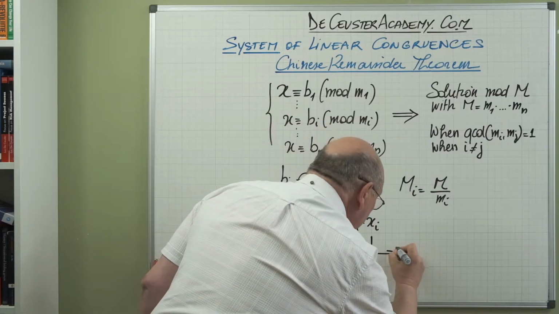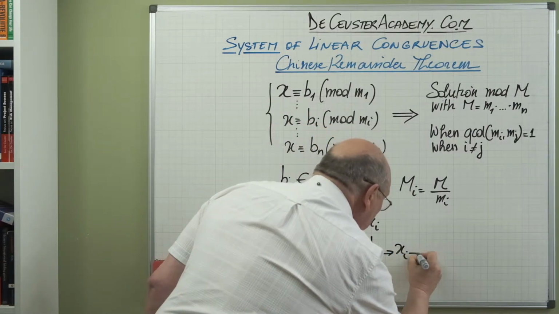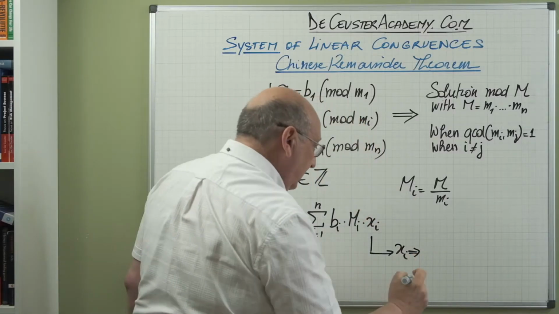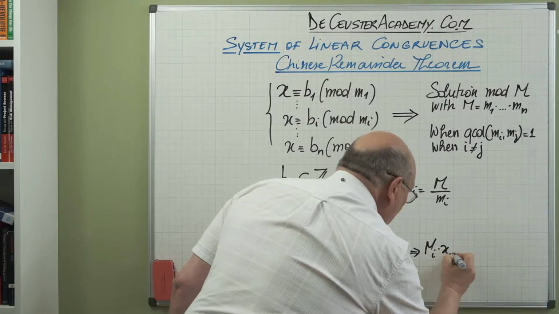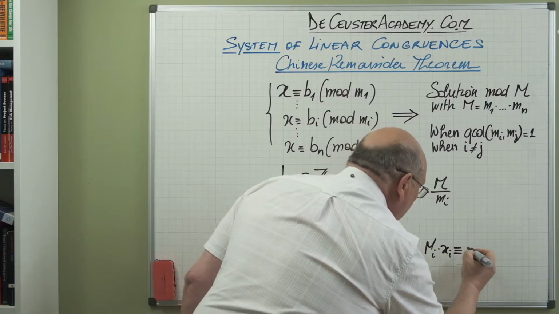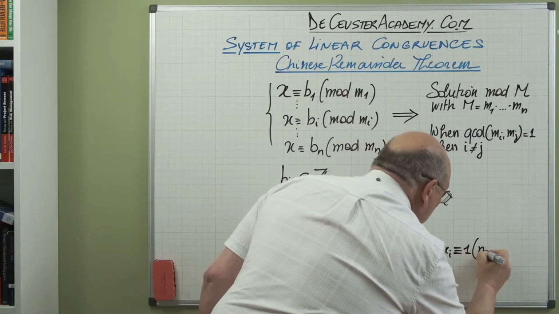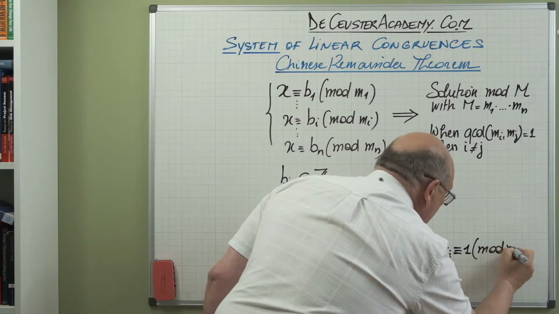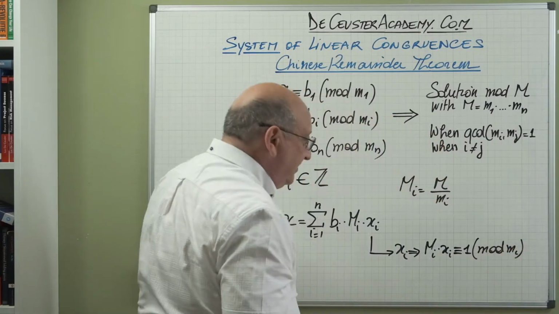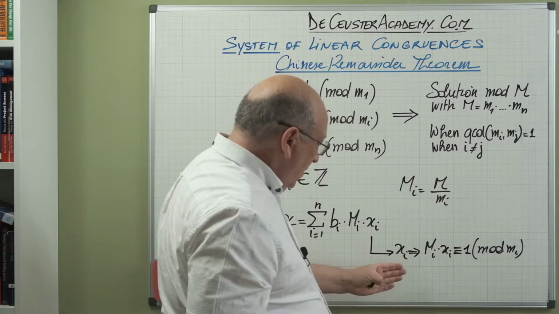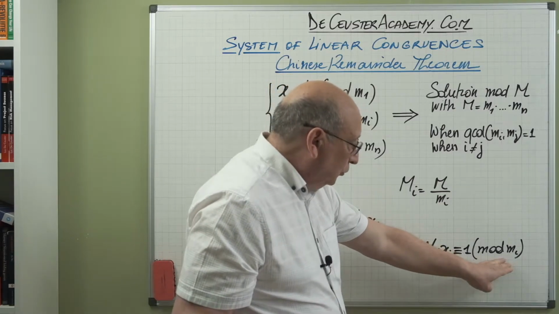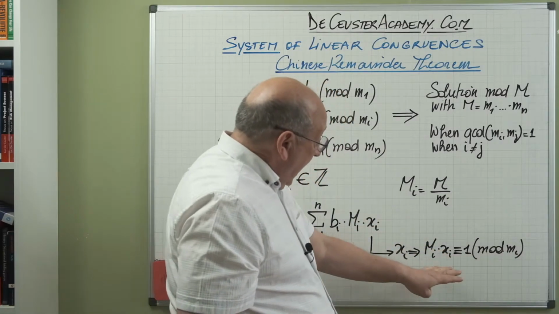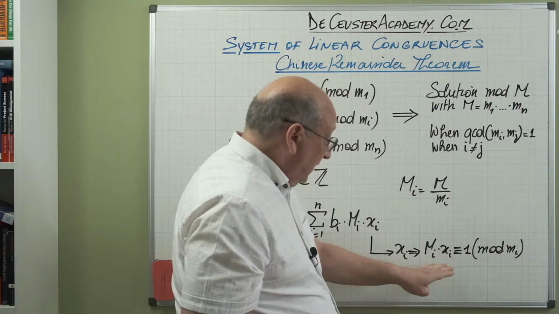Those parameters xi can be found by multiplying Mi with xi, and these have to be congruent to 1 modulus mi. Basically, we have to find the inverse of Mi modulus mi, and then we can find that value.